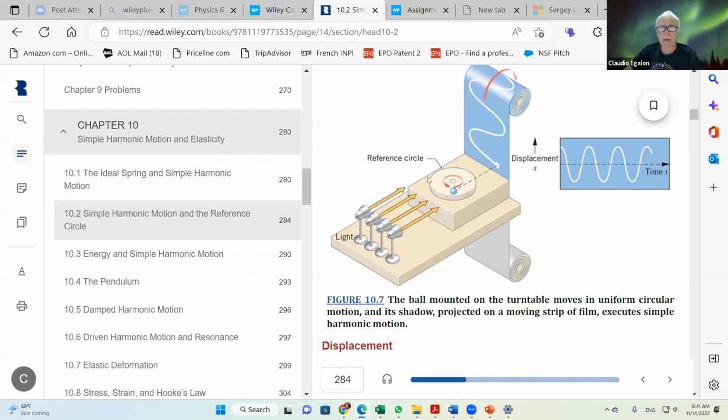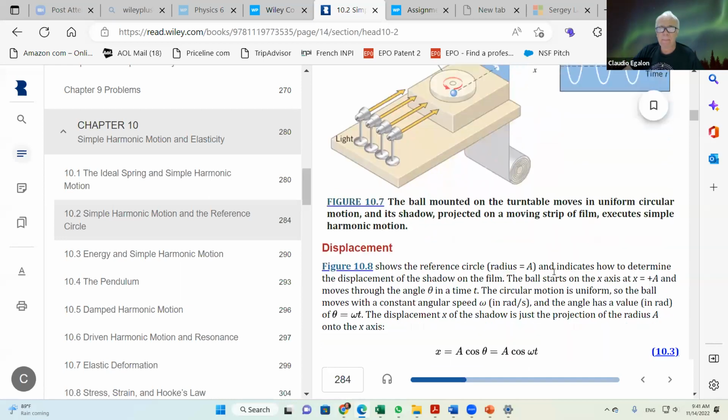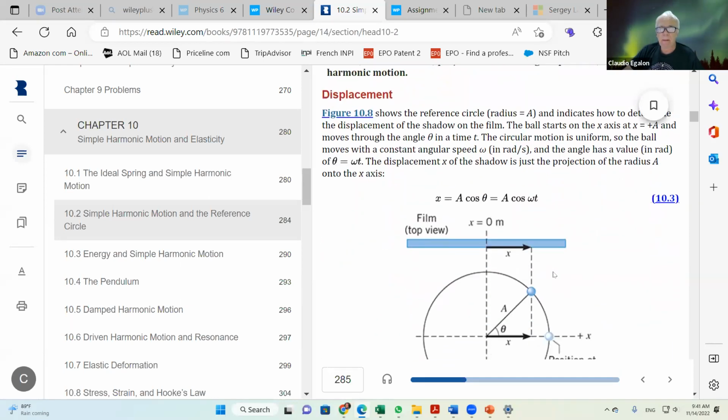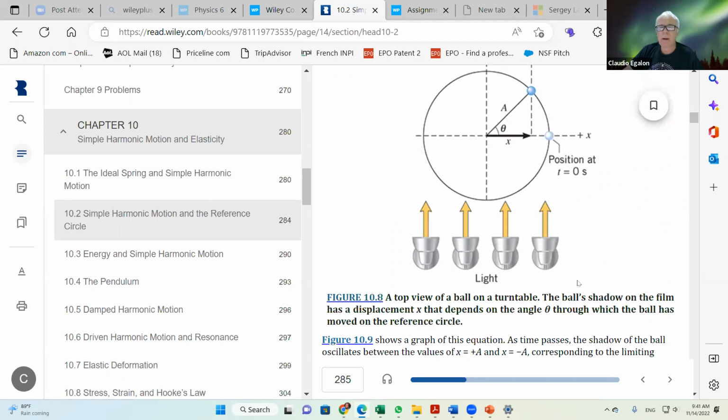And as the particle undergoes this uniform circular motion, you're going to have a projection of its shadow tracing this sinusoidal curve on a screen that's moving, right? So that is the relationship between uniform circular motion and simple harmonic motion.